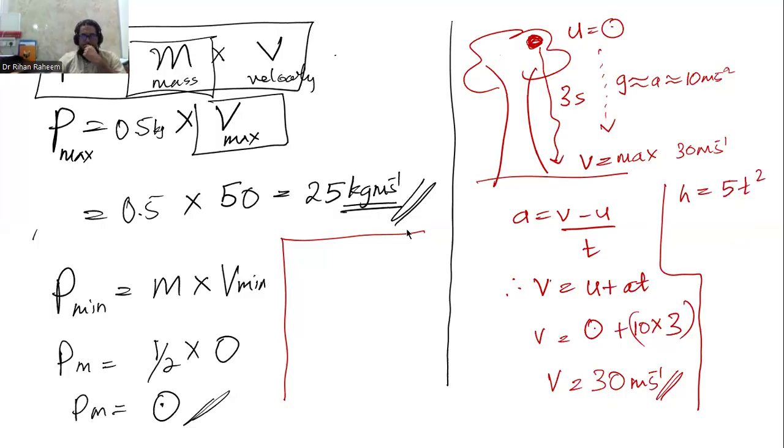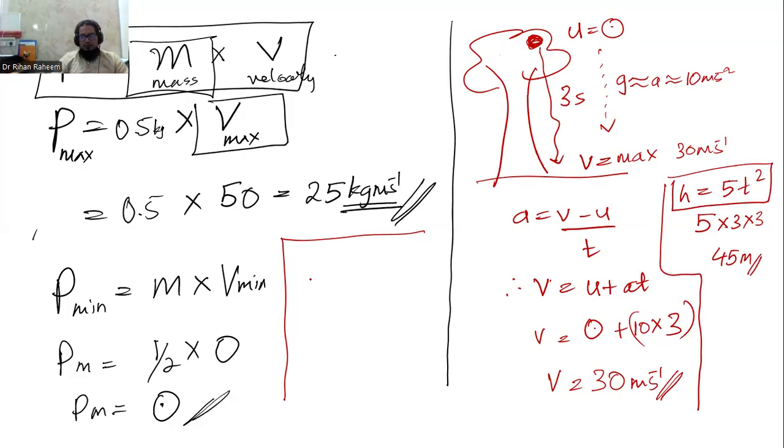You can use that. 5 into 3 into 3, 45 meters. Okay, this is the short form method.